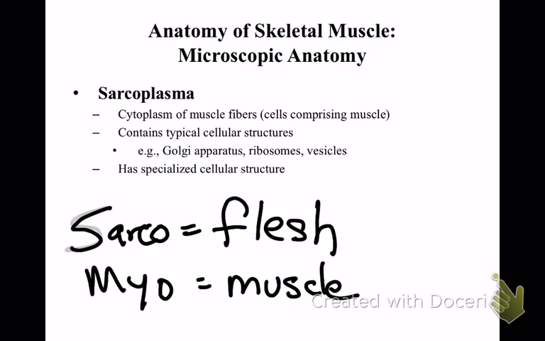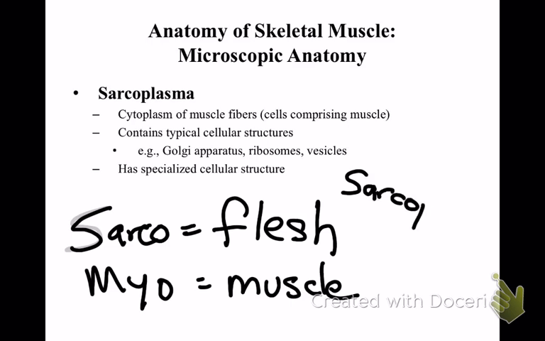And when you think of the term flesh, what do you usually think of? You think of skin, I bet. But flesh literally means the edible part of an animal, which for most of us would be not the skin, but the muscle. Okay? So you've heard of a sarcophagus before, right?